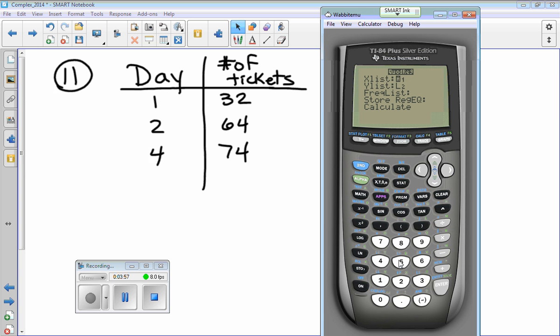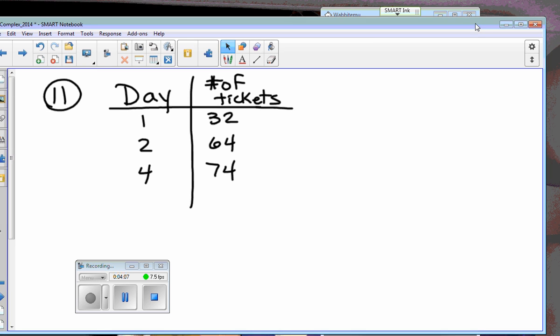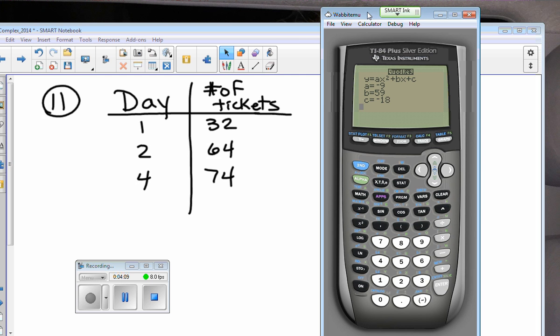We're going from list 1 to list 2. That's the default, so that's good. We calculate, and it gives us some numbers. So the equation is y equals negative 9x squared plus 59x minus 18.